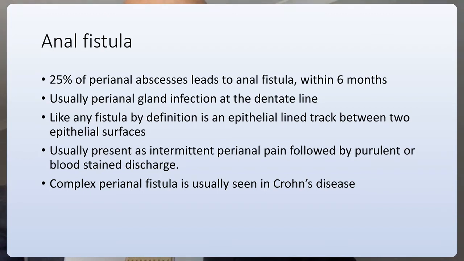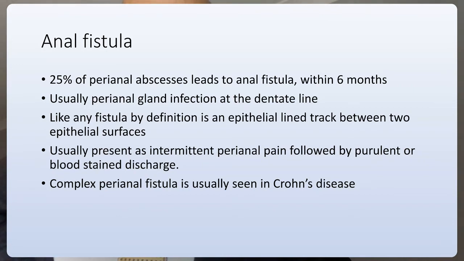As I said, it's intermittent pain. Patients usually feel well, but they feel a lump and there's intermittent pain and discharge. Often the discharge is purulent and stained with a little bit of blood.